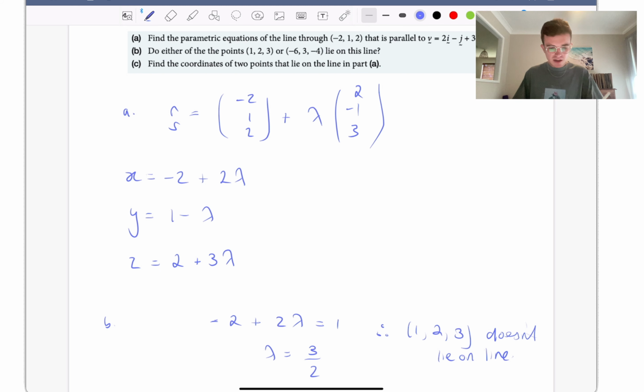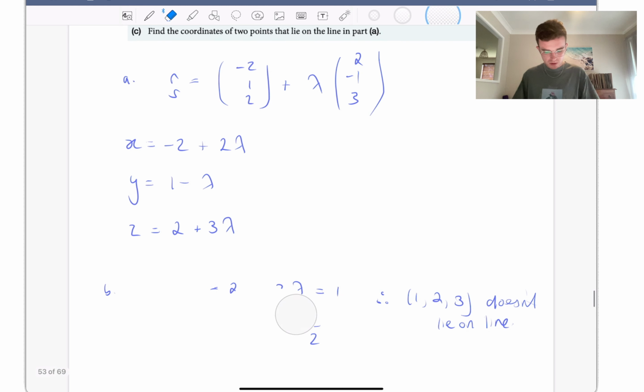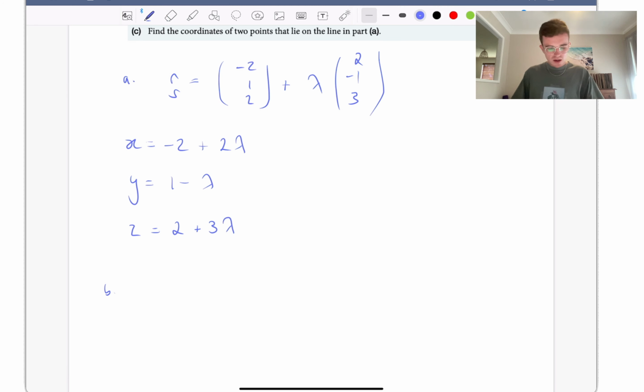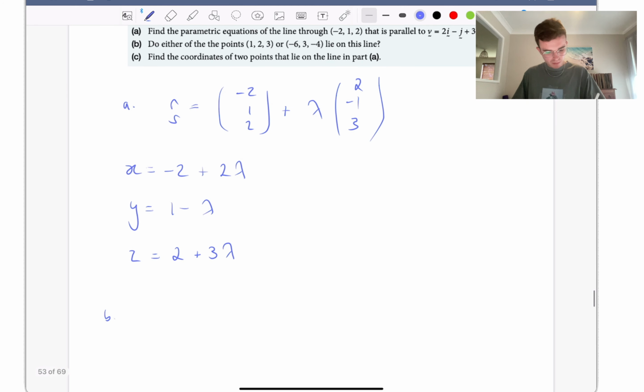So we've got minus 6, 3, and 4. Now I'm just going to rub this out. So let's say, right, minus 6 has to equal minus 2 plus 2 lambda, which I think means lambda is 4. Yeah, oh no it's not. Minus 1, minus 1. So let's check. Oh, no, that's wrong.